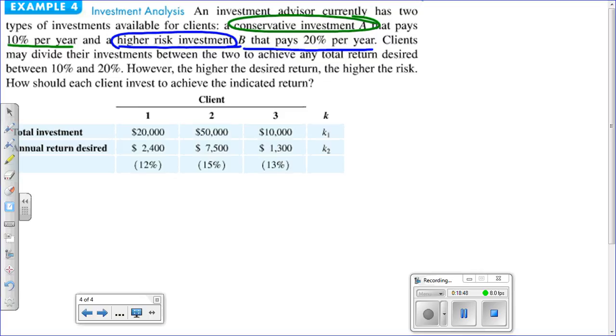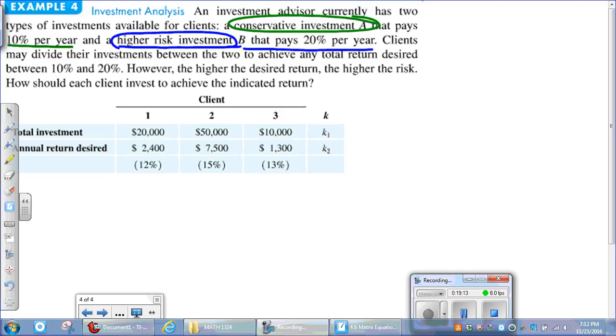So it pays more, but it's riskier. Clients may divide their investments between the two to achieve any total return desired between 10% and 20%. However, the higher the desired return, the higher the risk. How should each client invest to achieve the indicated return?